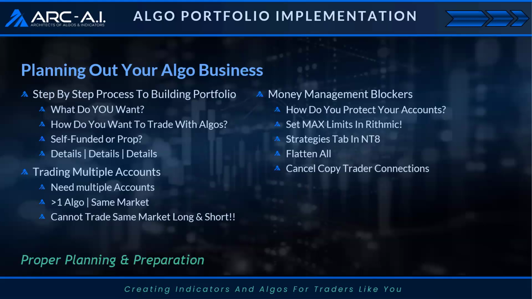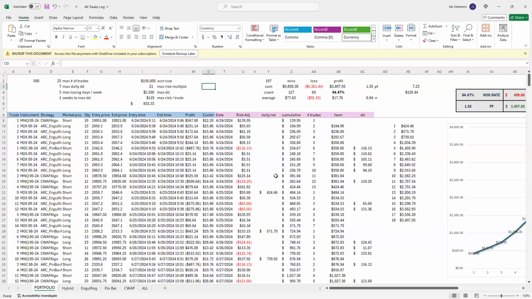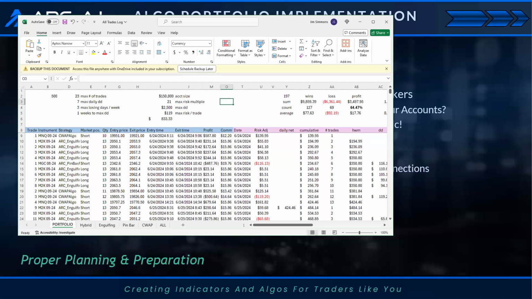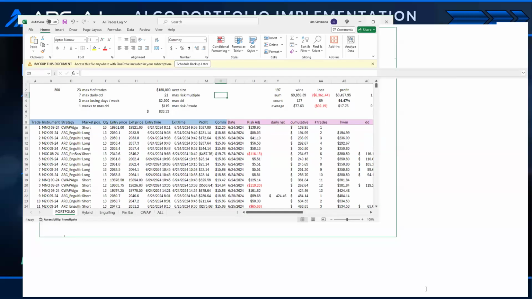And as I mentioned, this spreadsheet is going in the package that you'll get access to with all the deliverables. So you'll have this exact spreadsheet. If you're familiar with Excel, great.